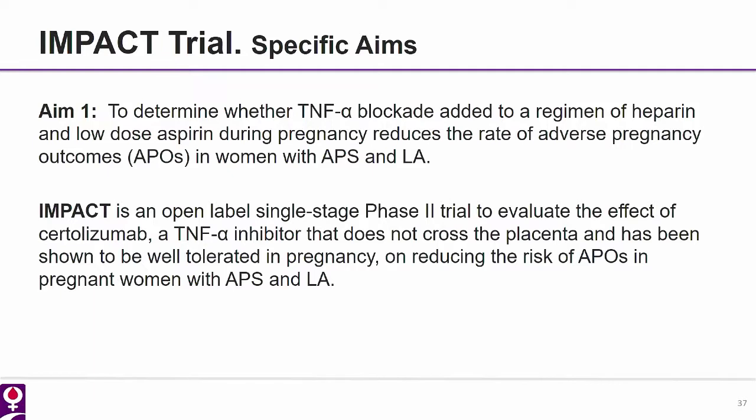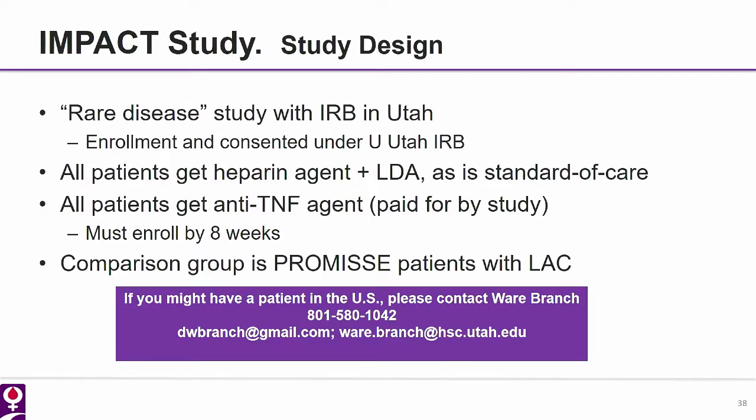And so we have this trial going to determine whether TNF alpha blockade added to a regimen of heparin and low-dose aspirin, as is standard treatment, reduces the rate of adverse pregnancy outcomes in women who have antiphospholipid syndrome by definition, and they have a persistently positive lupus anticoagulant. And we would love to hear from anyone who has a patient like that so that I can talk to them. We consider this sort of a rare disease study.